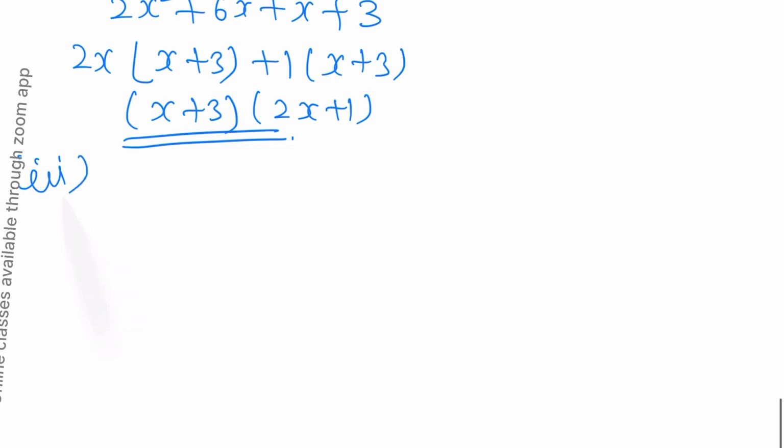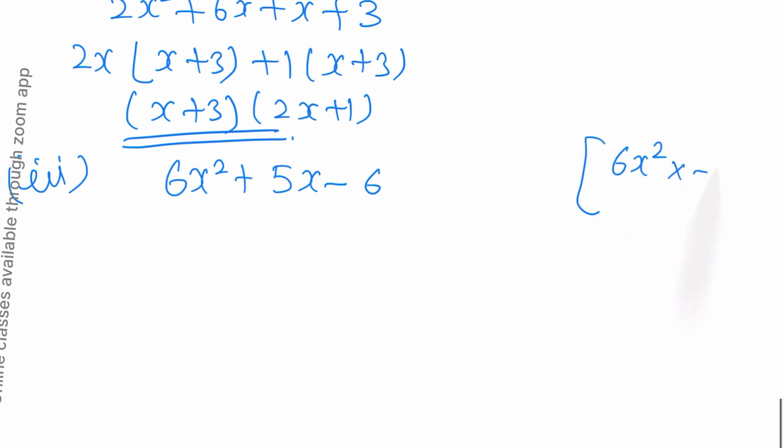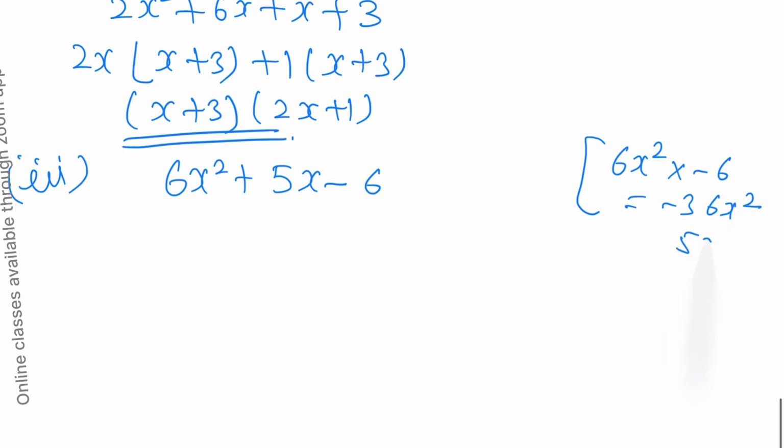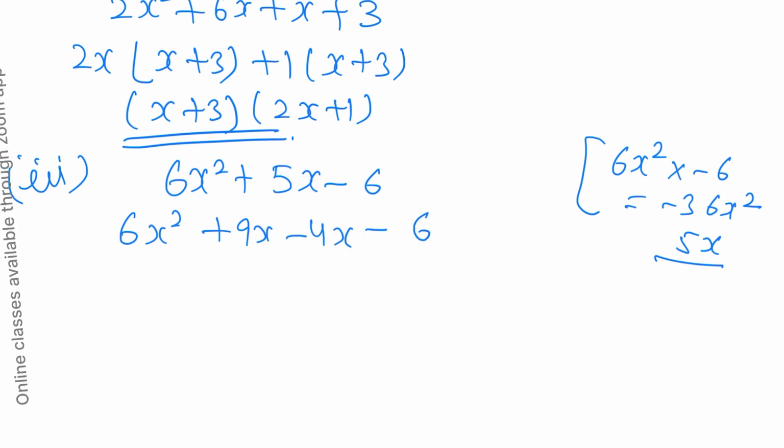Now the third part is 6x square plus 5x minus 6. Now we need the product of 6x square and minus 6, so it is minus 36x square, and we need to split 5x such that we get minus 36. So plus 9x minus 4x gives you positive 5x, and their product gives you negative 36x square.